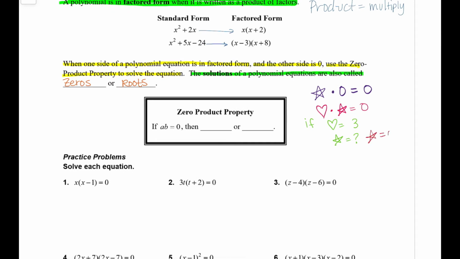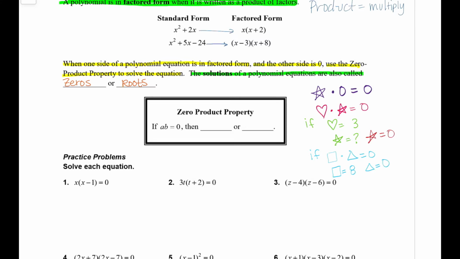So let's try one more. If I were told that a square times a triangle equals 0, and then I was told that that square is equal to 8, the triangle would have to equal 0 because 8 times 0 equals 0.